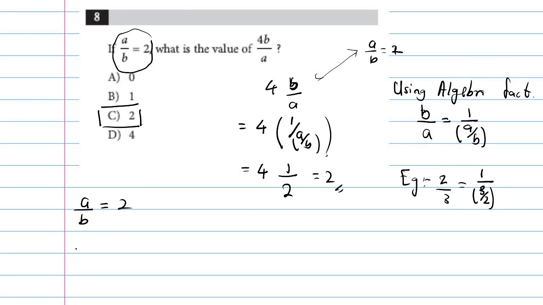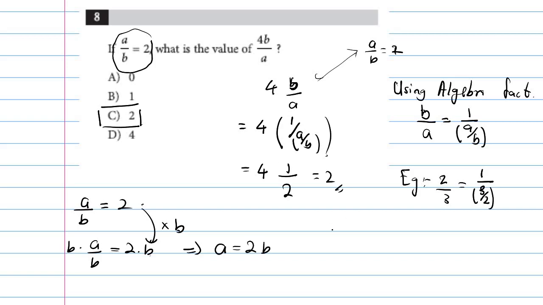So what do you do? Let's say you multiply both sides by b, which gives b times a over b equals 2 times b. The b on the left hand side cancels out, and then you get a equals 2b.